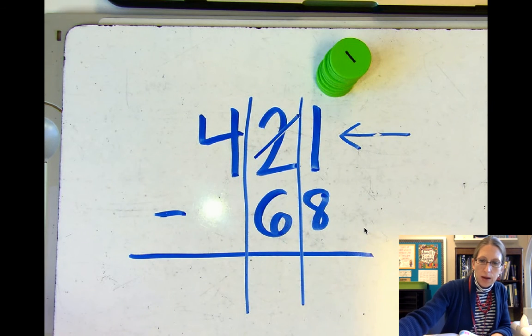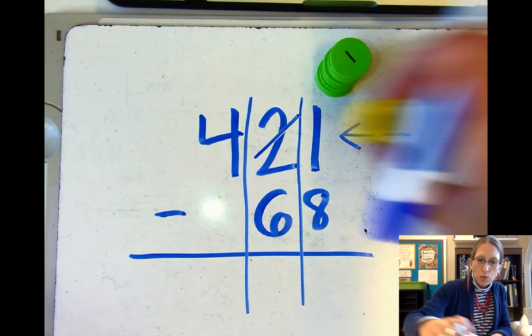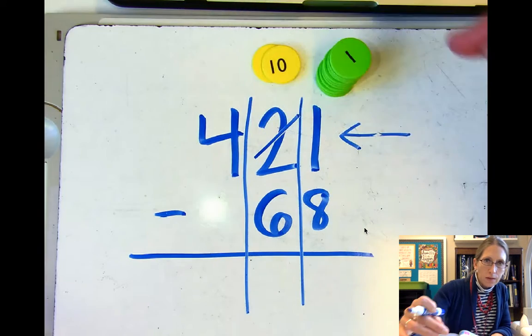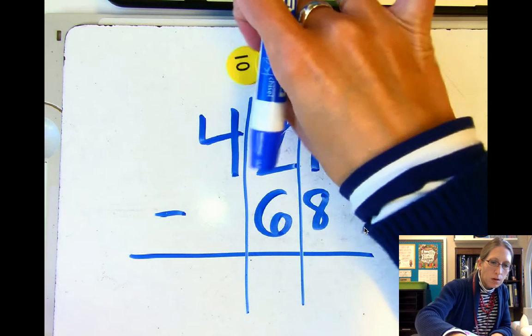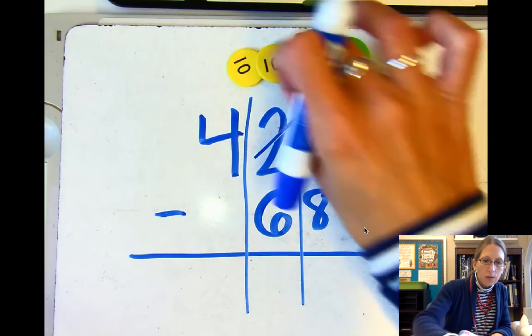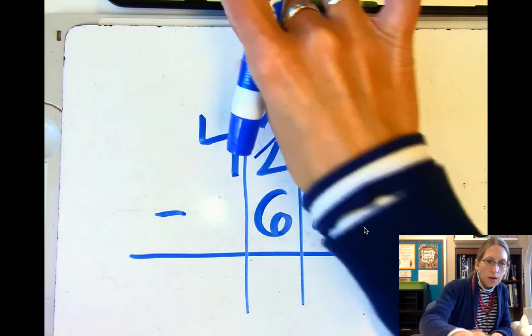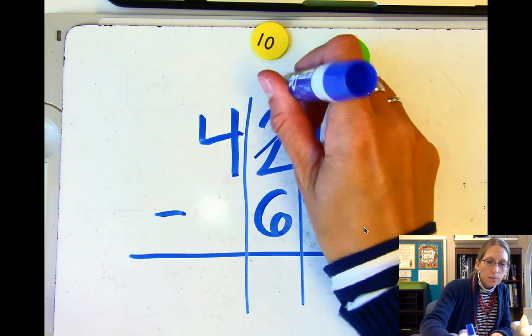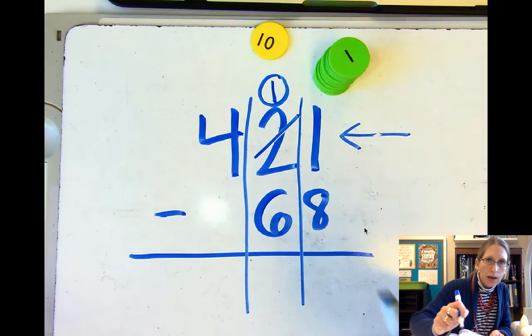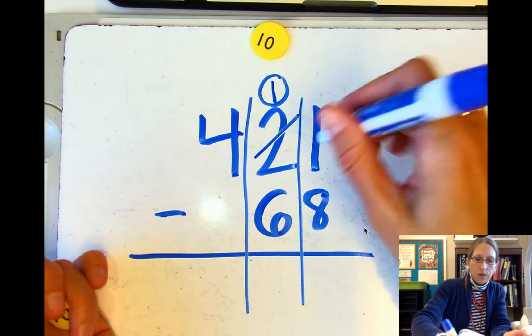Here's our 2 10s, and we're going to take one of those and rename it as 10 ones. Because we're taking this one, I'm going to cross this off, and this now becomes a 1. So now I just have 1 10 here. But over here, I have 11.